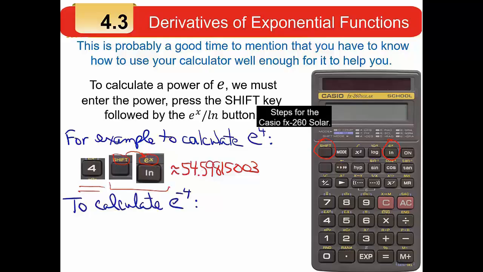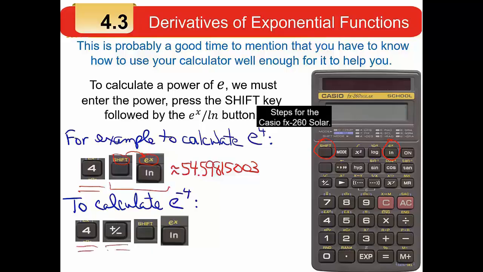Now, if you want to calculate e to a negative power, you have to incorporate the knowledge we have of how to put a negative number in. So what you have to do is put the +4 in, then press plus minus, which puts the minus sign in front of it. So if you look at your calculator at that point, it'll have a -4. And then you do your shift ln, which executes e to that power.